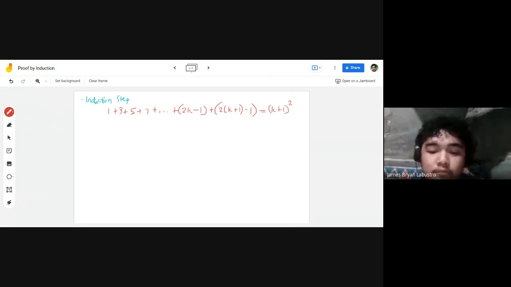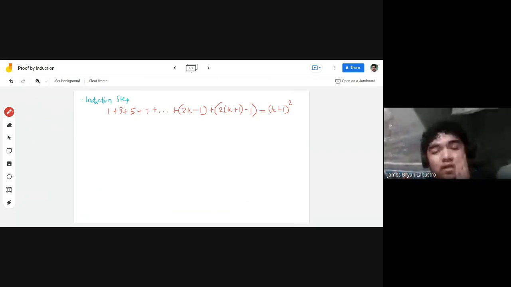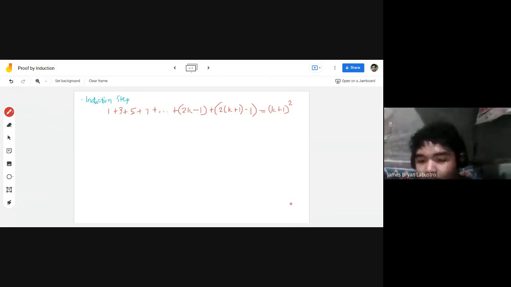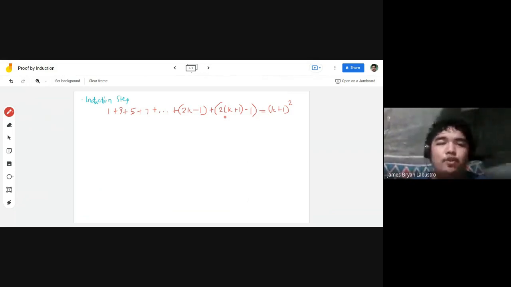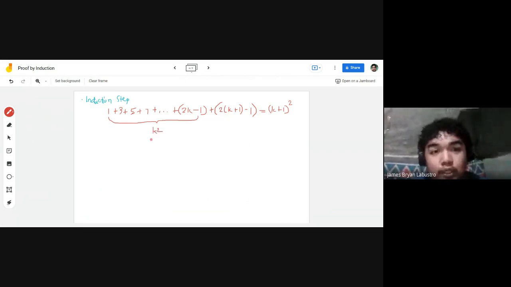Okay, so how are we going to do this? Now, since we have added k plus 1 to the loop group, we're going to let 1 up to k minus 1 equal k squared. So we have k squared plus 2 times k plus 2 minus 1 equal to k plus 1 squared.